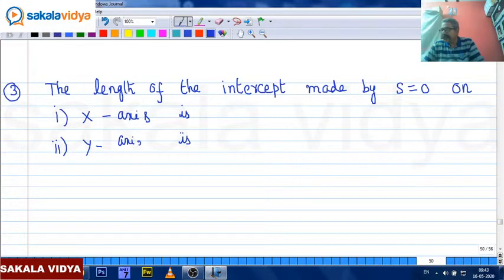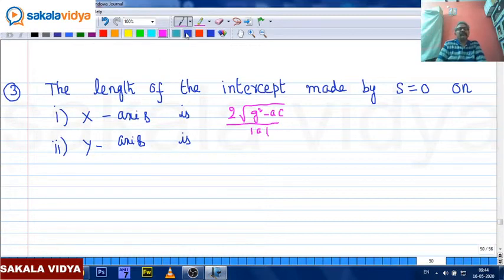The length of the intercept made by S is equal to 0 on x-axis and on y-axis. On x-axis it is 2 root of (g square minus ac) upon mod a. On y-axis it is 2 root of (f square minus bc) by mod b.